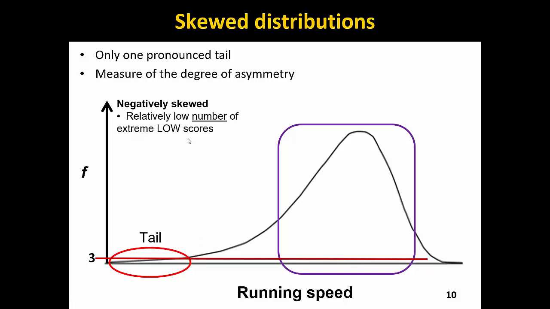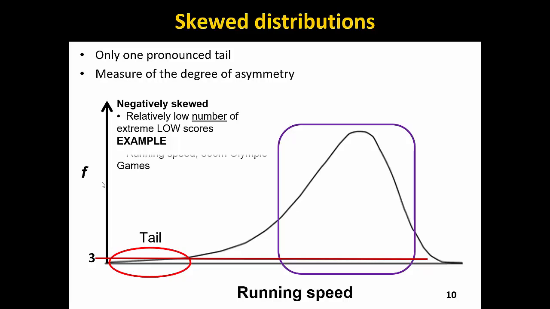And so the negatively skewed refers to just that, a relatively low number of extremely low scores, remembering that our dependent variable, in this case running speed, is along the x-axis, and the number of people demonstrating various running speeds is depicted along the y-axis.